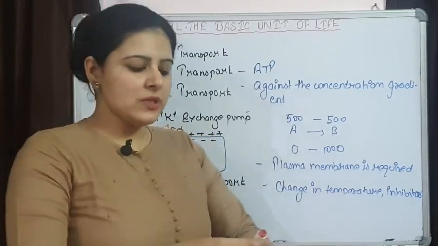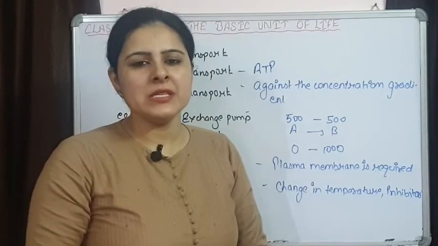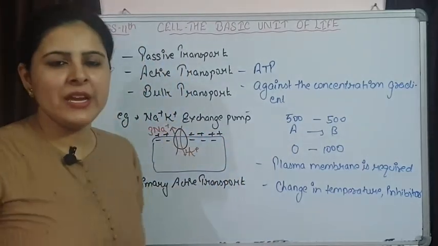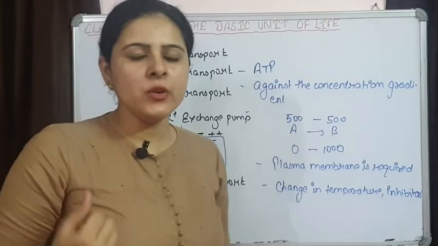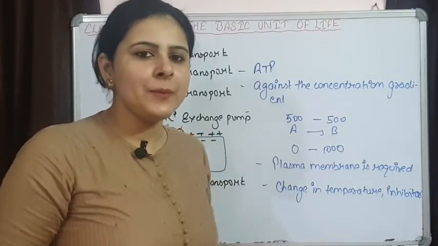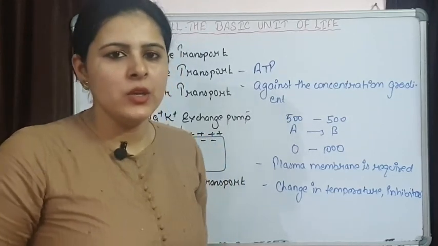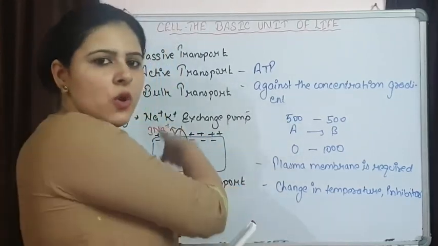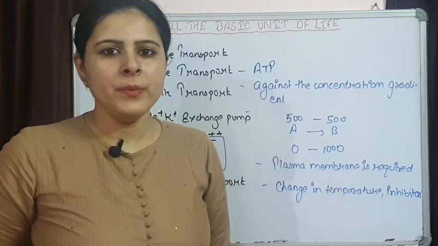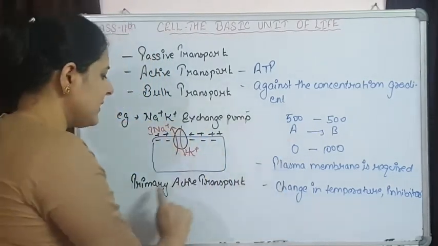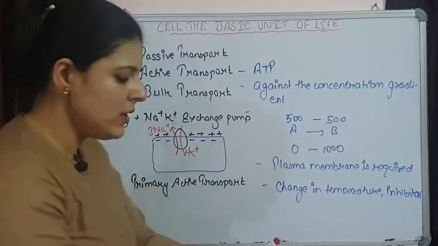So sometimes in some of the cells, like in RBCs and liver cells, the ATP utilized by this sodium potassium exchange pump is helping in the movement of glucose inside the cell. So movement of glucose because of this pump is a secondary active process that is facilitated by this primary active transport.